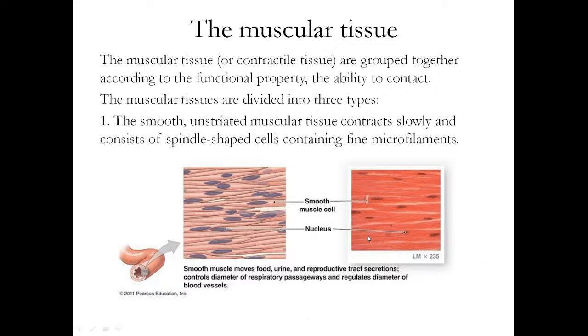You see microfilaments. You see a nucleus of muscle cell. Smooth muscle moves food, urine and reproductive tract secretions, controls diameter of the respiratory passageways and regulates diameter of blood vessels. This is smooth muscle cells.